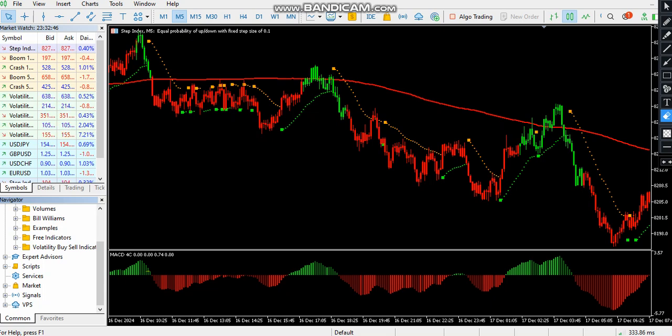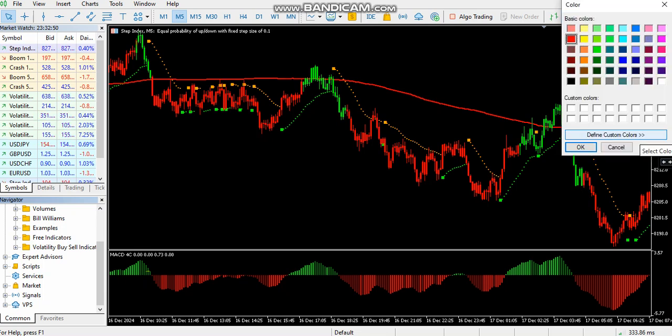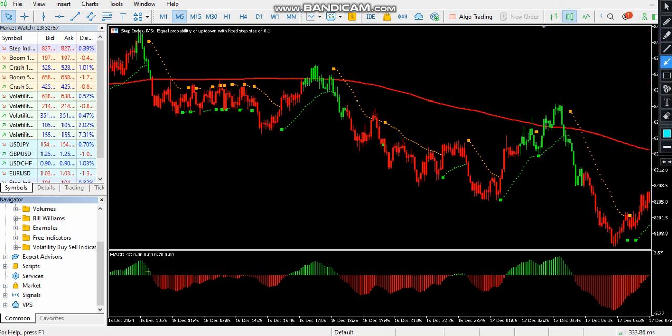Let's see how that went. So this went, a good fat movement that went all the way down. Easy profits, easy profits. Let's see something else.